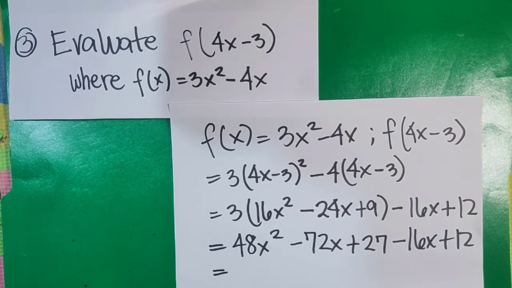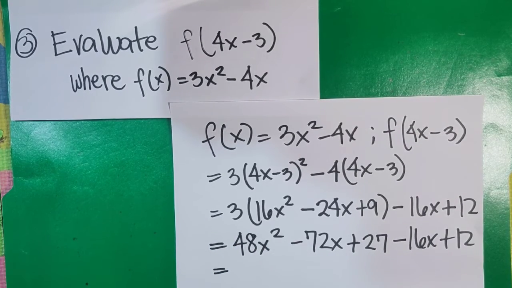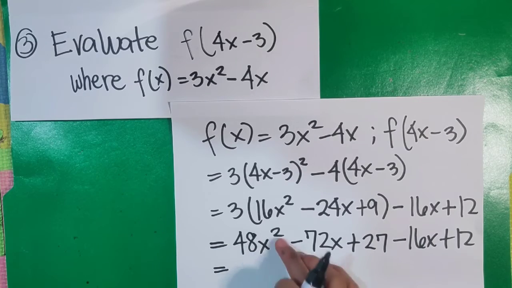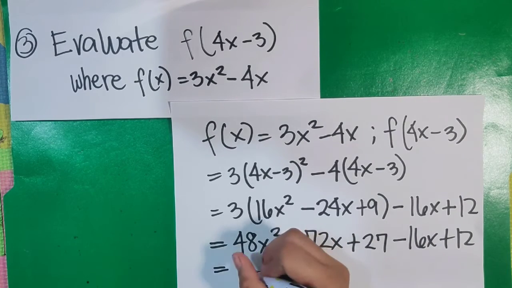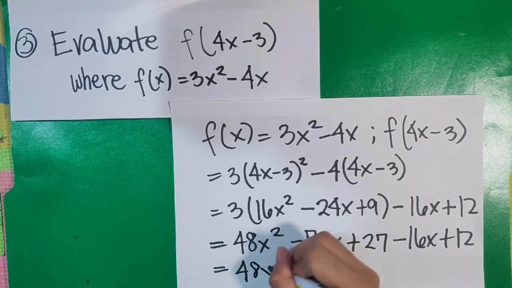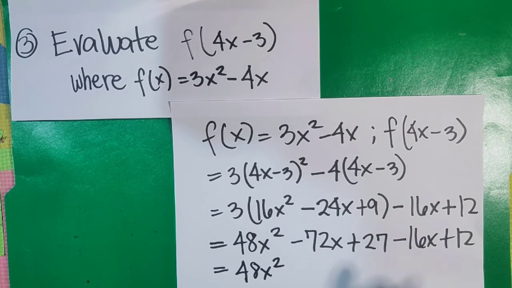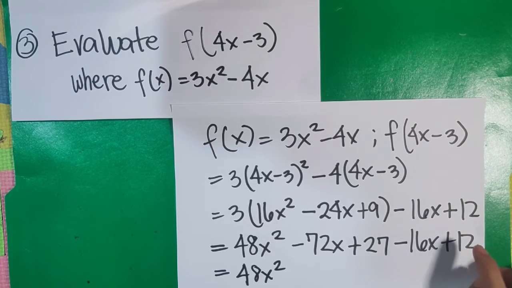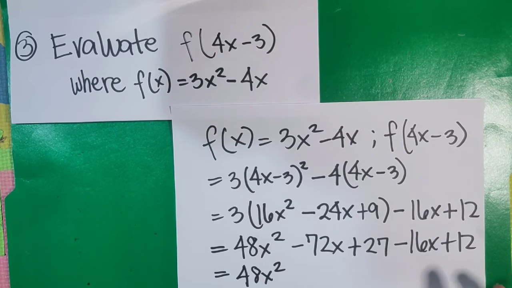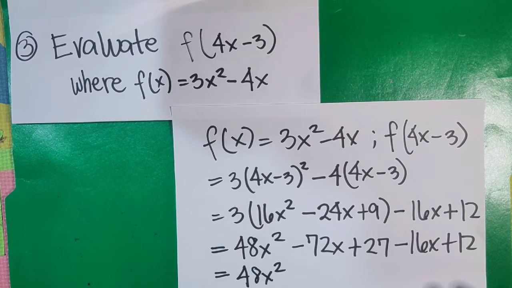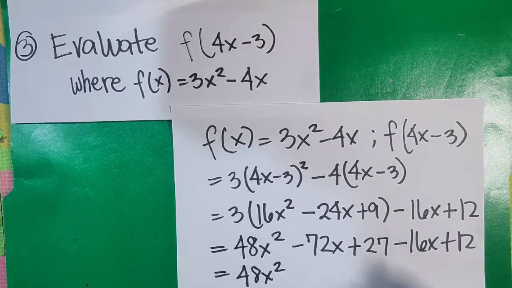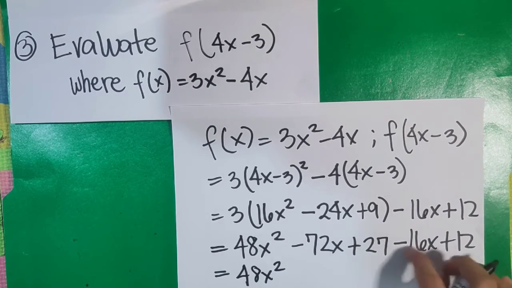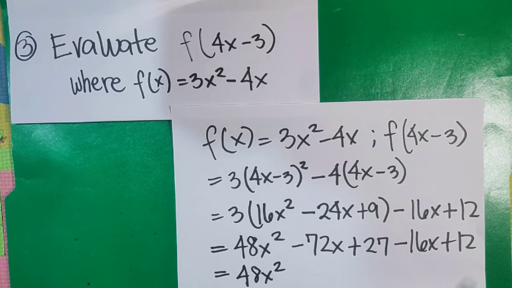We need to combine like terms. So this 48x squared doesn't have a pair, so we just copy it. This negative 72x has a pair, negative 16x, so we need to combine them. So 72x minus 16x. Because they have the same sign, we need to add.